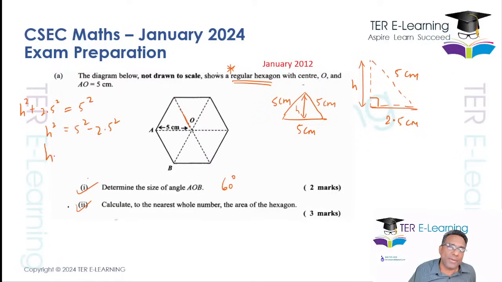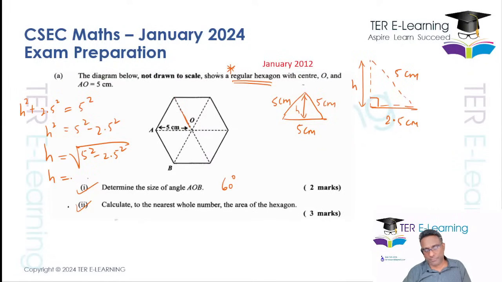So therefore h is equal to the square root of 5 squared minus 2.5 squared. And you're going to get about 4.33. Right? So that's the height of one triangle.